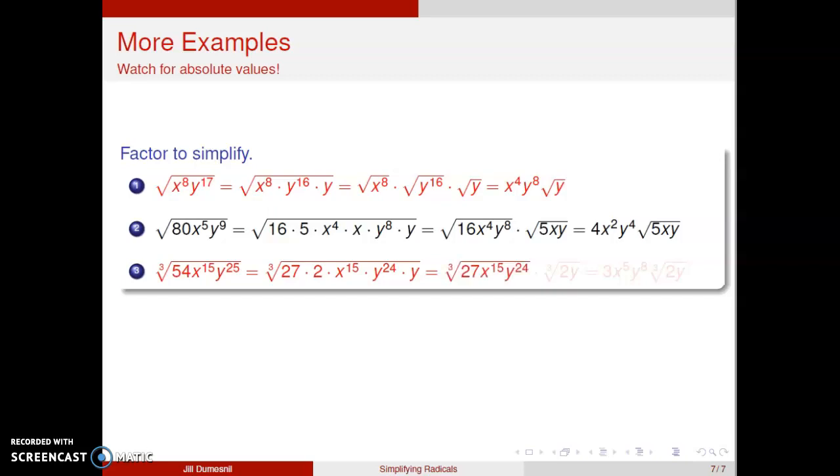Then we'll use the product rule to split off the perfect cubes and the remaining factors under cube root signs.